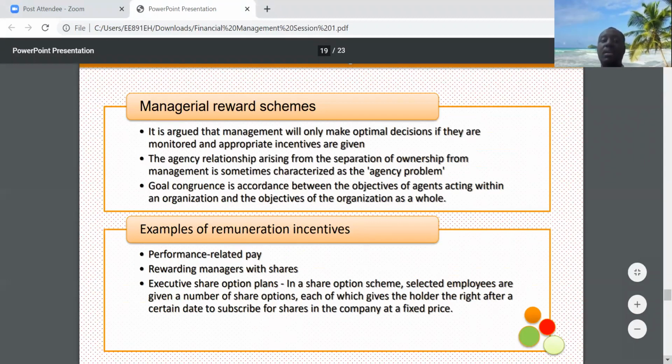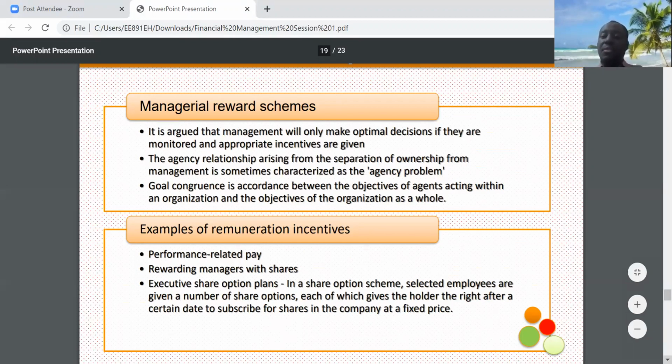What are executive share option plans? It's basically a share option scheme where selected employees are given a number of share options, which means the employee has the right after a certain day to subscribe for the shares at a fixed price.